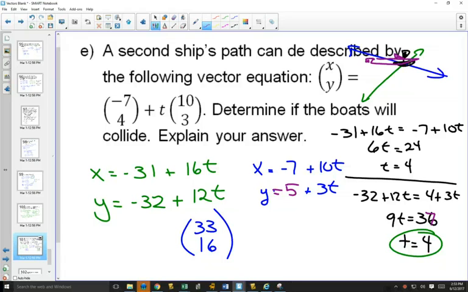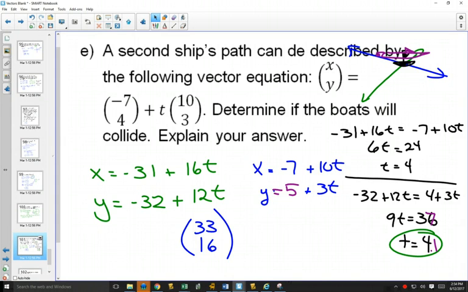And solving that, that would be 4.1 instead of 4. So that means that boat isn't quite at the same place. It's a narrow miss, perhaps.